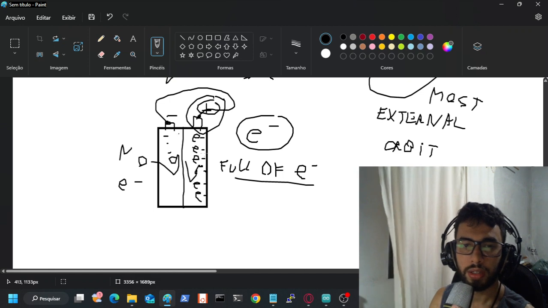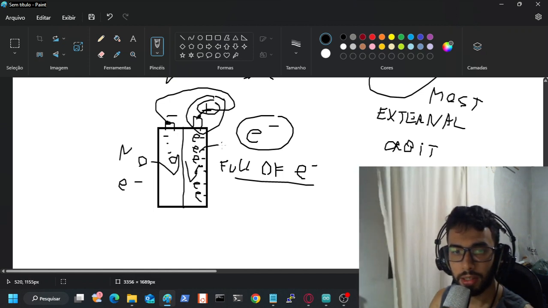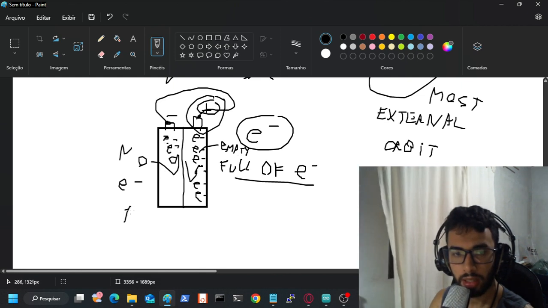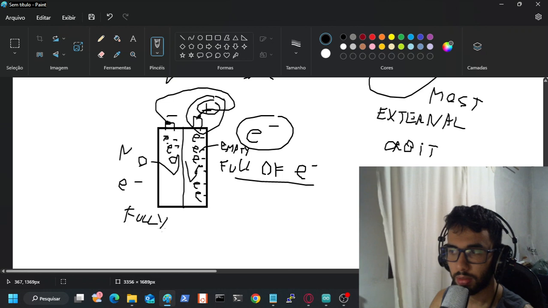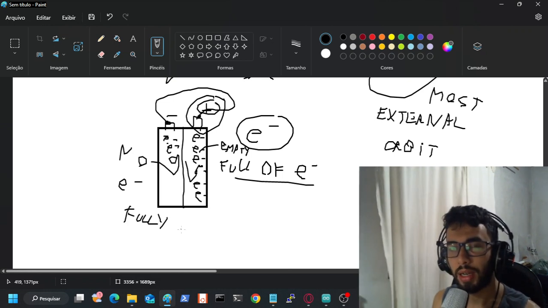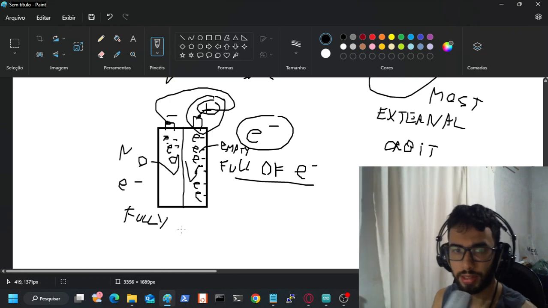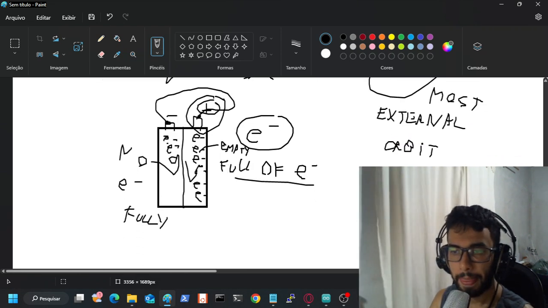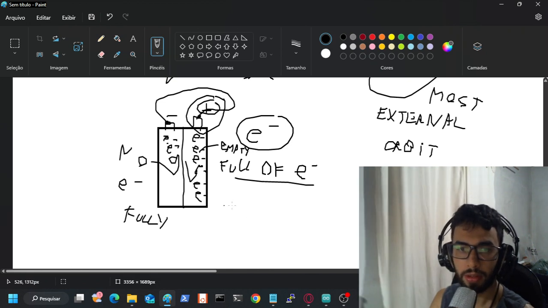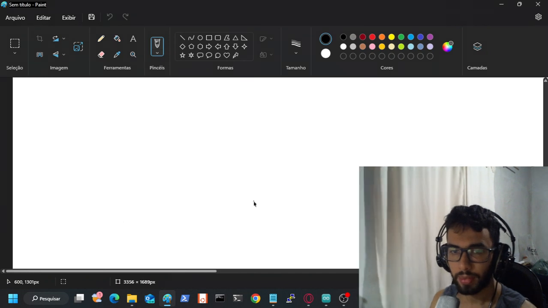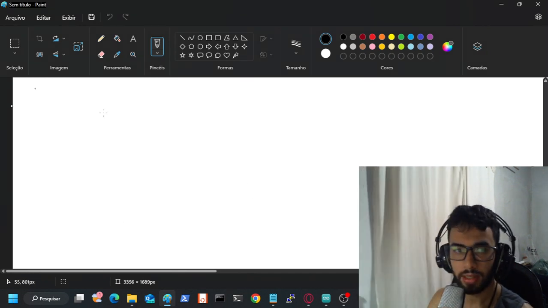So this is the path of the electrons. When this side comes empty, the other side will come full. But then we won't have a potential difference that makes this electricity happen. So what is the potential difference?